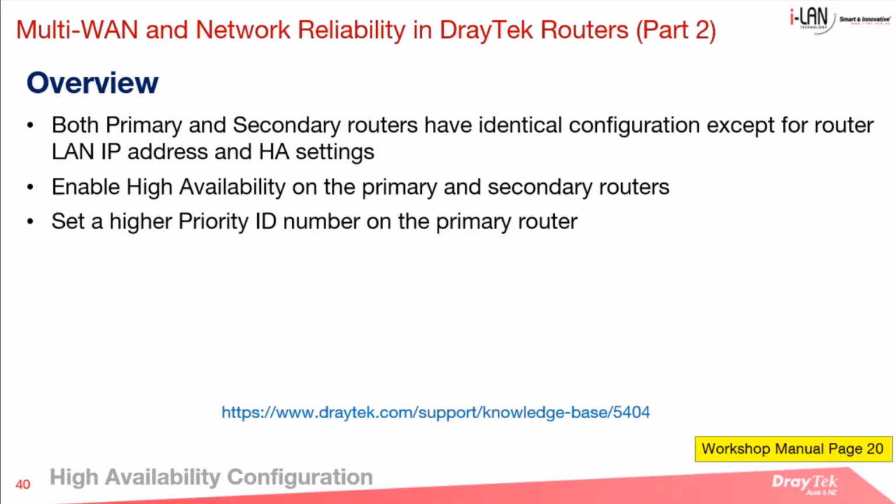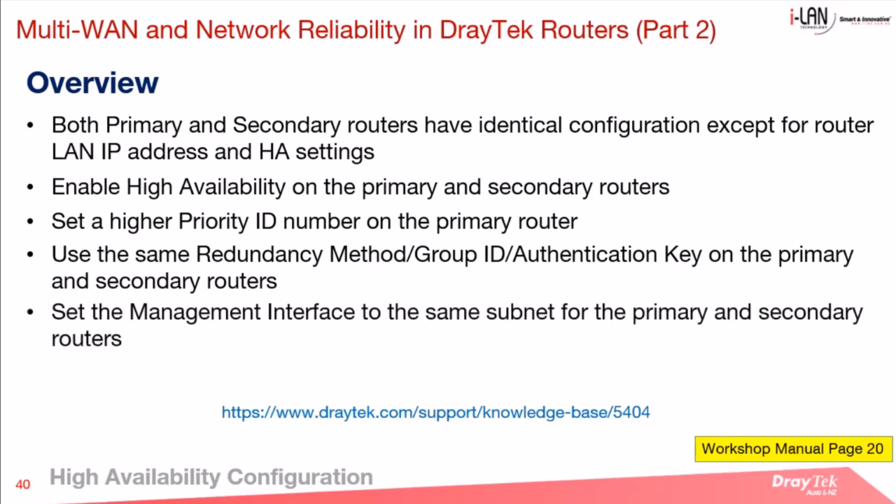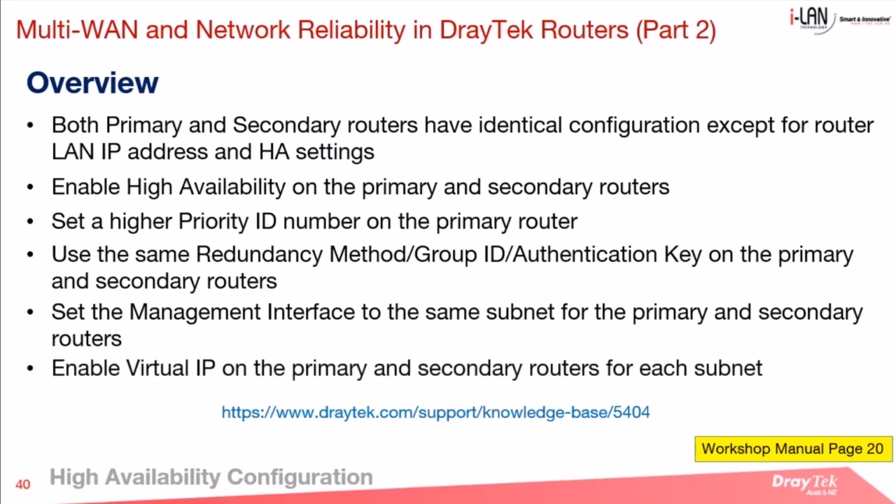It's important to ensure that the management interface is set to the same subnet for both the primary and the secondary router. To proceed, establish a virtual IP address for each router. You can find all the necessary information in section 4 of your training manual and knowledge base article 5404. This article is accessible here.